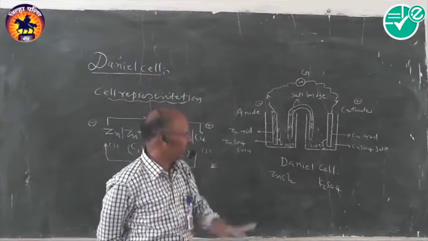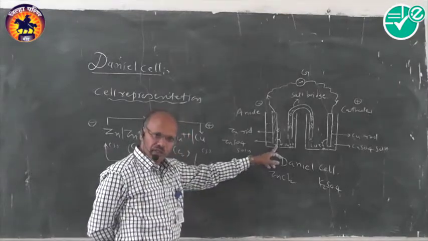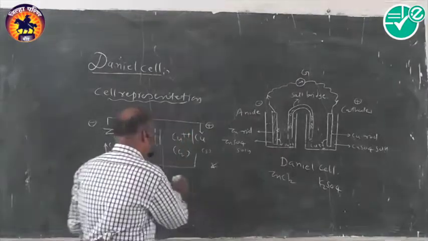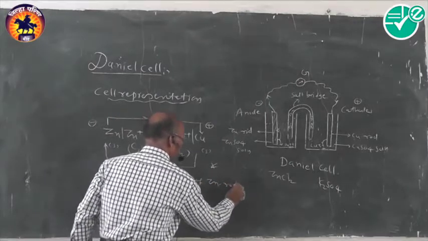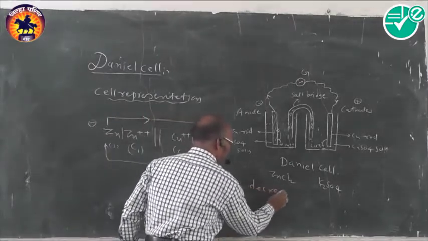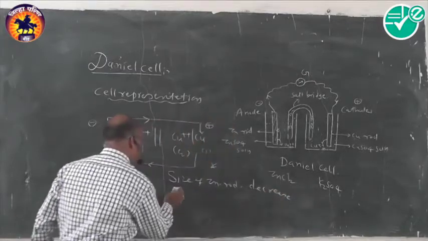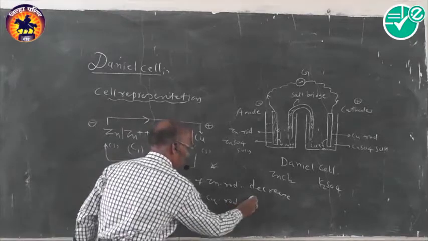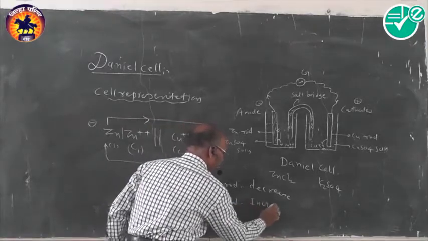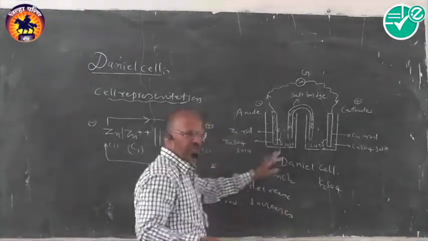So the first result is that the size of the zinc rod decreases along with the size of the copper rod increasing. So it is the first result in the Daniell cell.